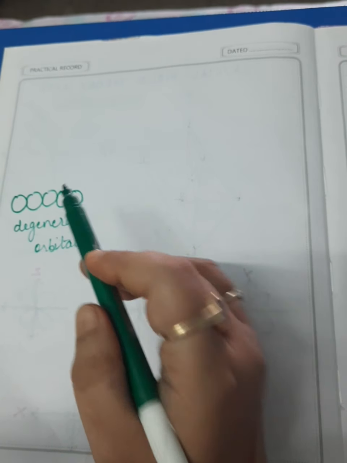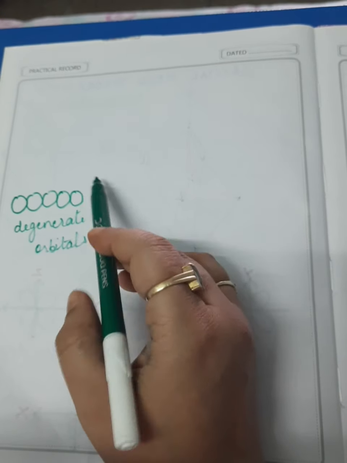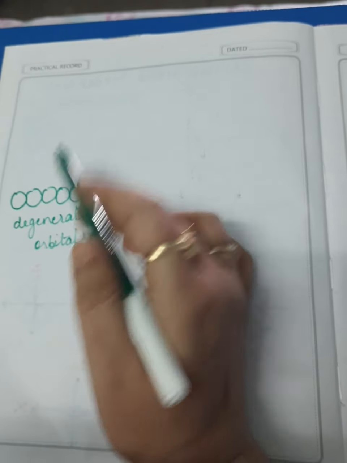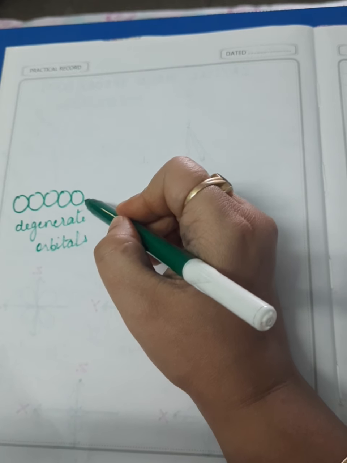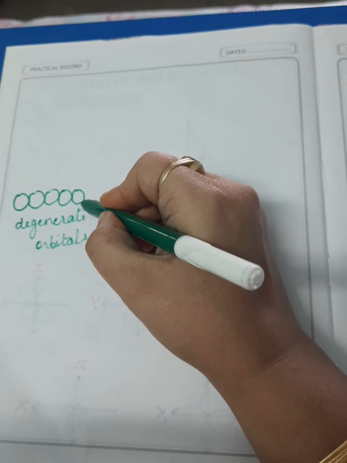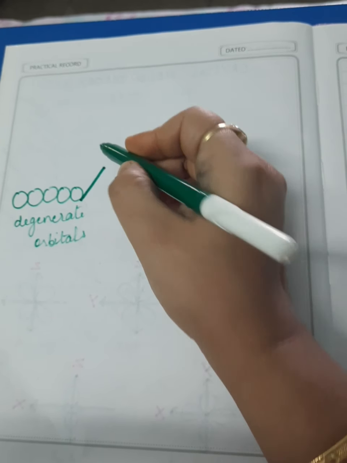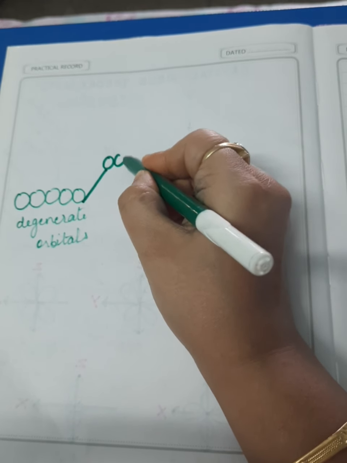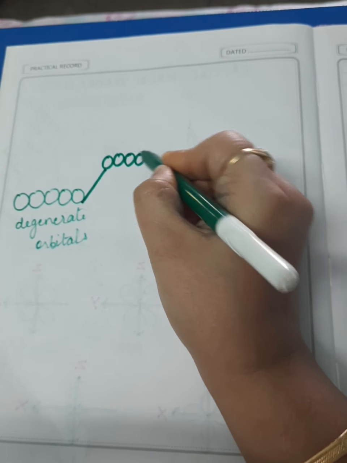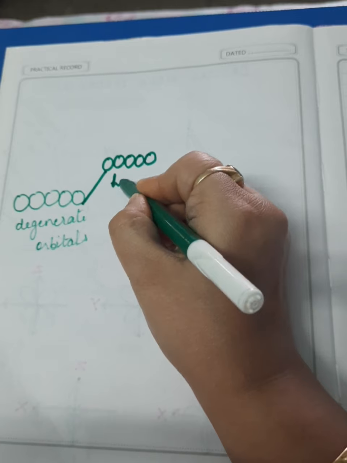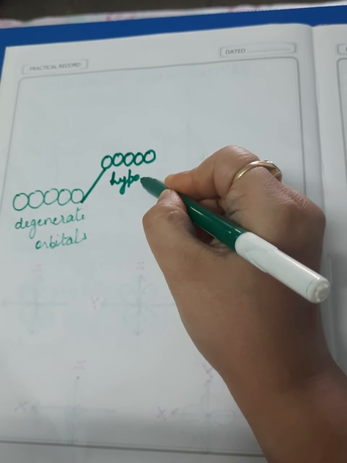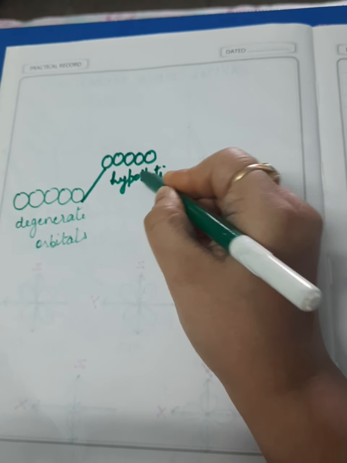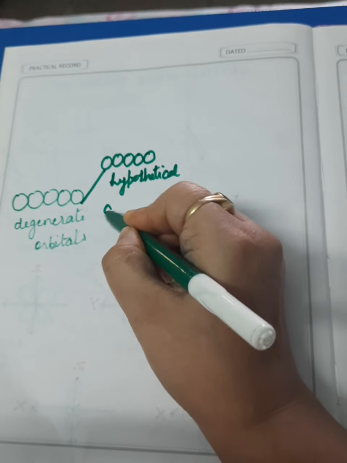When the ligand approaches the central metal atom or ion, these degenerate orbitals reach the hypothetical degeneracy.